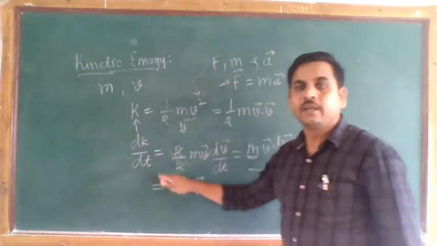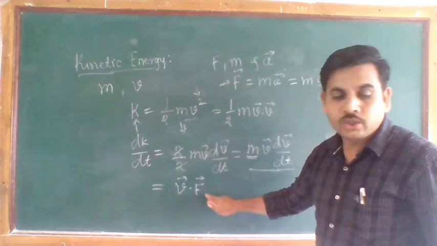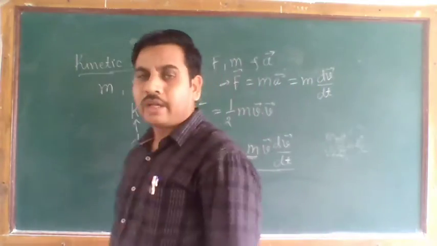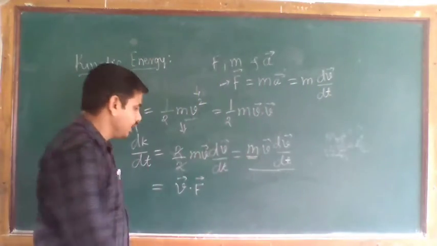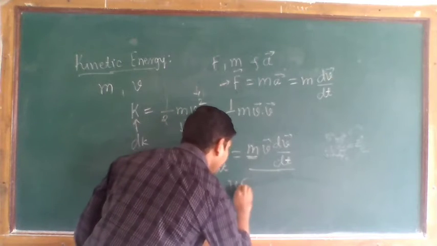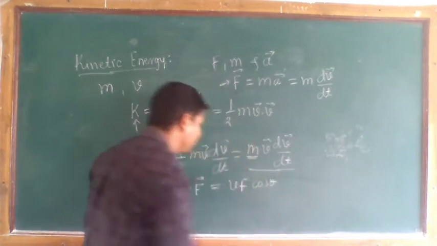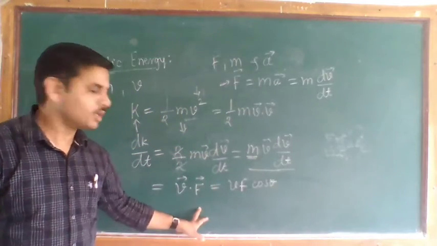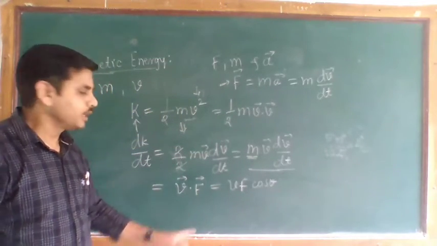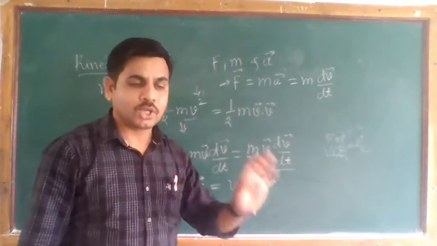Considering the dot product, velocity dot force, we can write vF cos theta.